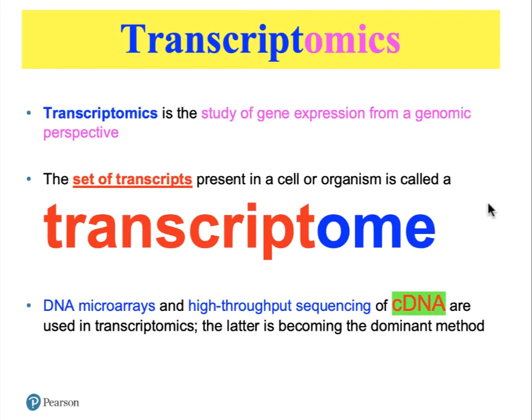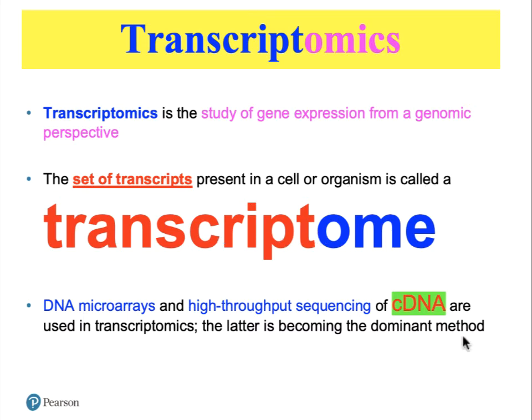One such approach is the field of transcriptomics, which is defined as the study of gene expression from a genomic perspective. As with cDNA libraries and their reliance on messenger RNA, in this case, the entire set of transcripts from the DNA present in a cell, or even the entire organism at that particular time, is called a transcriptome.